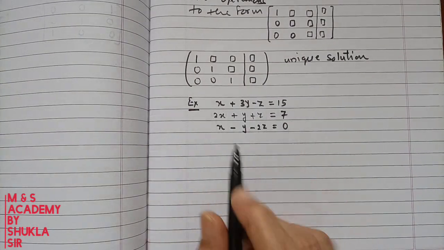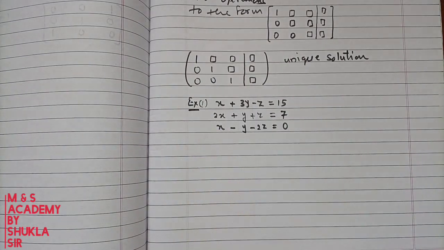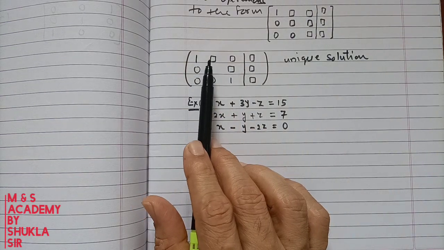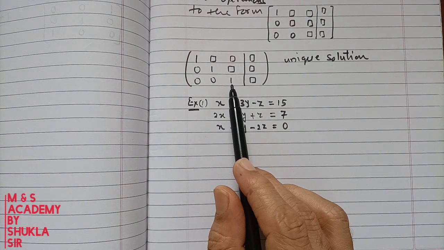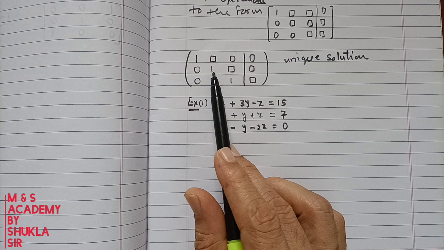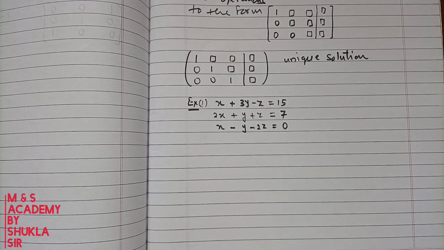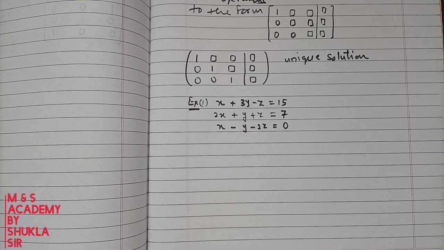Consider the system of linear equations. Our aim is to find the solution for this linear system. If we are able to convert this matrix to this form, then we solve for z and then y and x, and there is one value of x, y and z, so it is a unique solution.